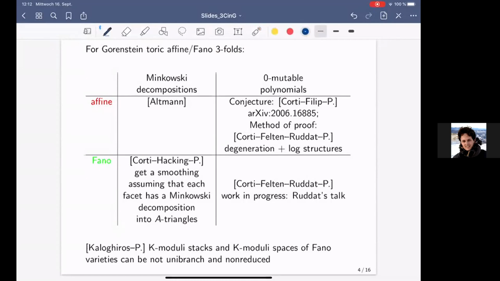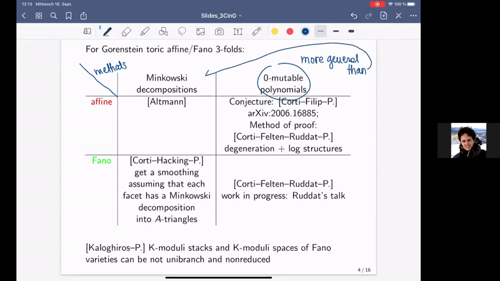the columns are the methods. And the first method is to study Minkowski decompositions. And the second method is zero mutable polynomials. And this is more general than the first one.